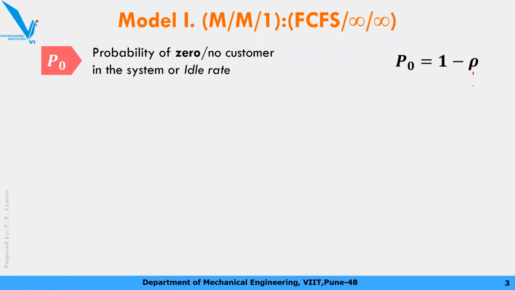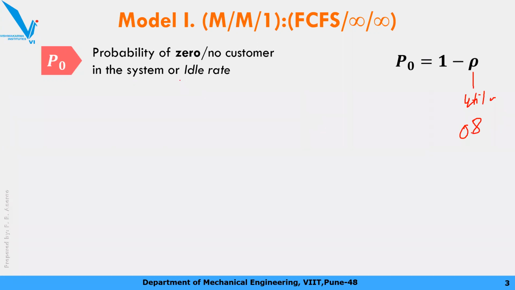Rho, you know, is a utilization factor. Okay, so you can say कि I am dealing with 80% utilization. So I am utilizing my server up to 80%. So that means rho, the traffic intensity or utilization factor is 0.8, right?